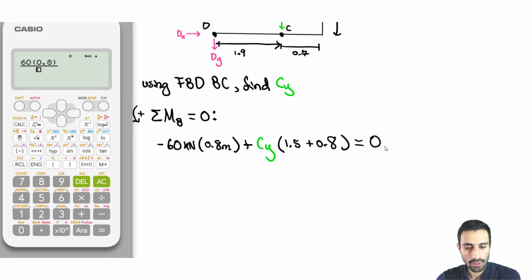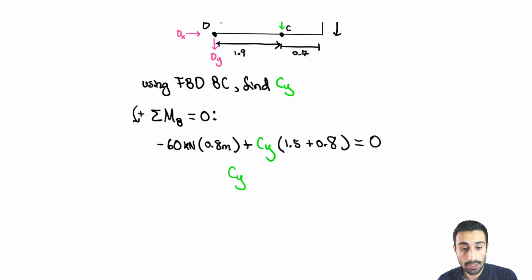I'm going to move this to the right side and divide by this stuff to get CY. So you divide by 1.5 plus the 0.8 and we get our CY. Let me reduce this into a decimal. So we get about 20.869. 20.869 is going to be the value for CY.